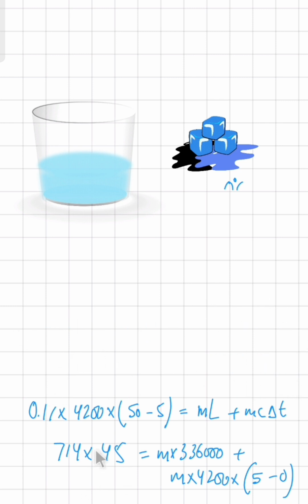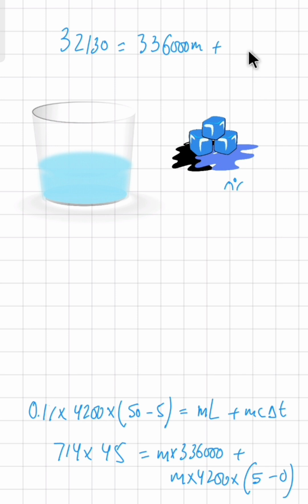Let's simplify it more. If you multiply 714 and 45, you are going to get 32,130, which equals 3,36,000 into m, plus 4,200 times 5.